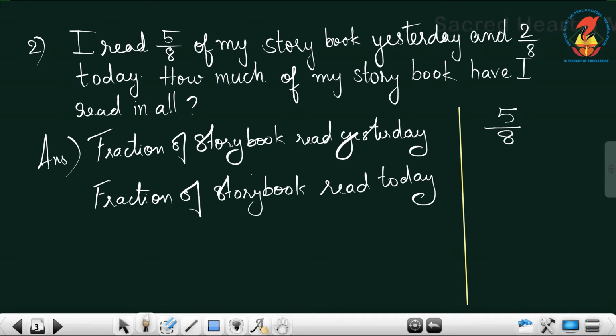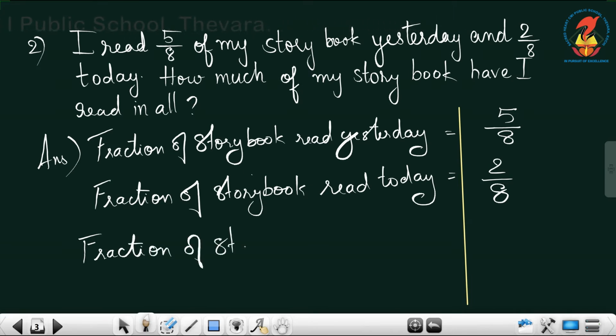It's 2/8. Now the question here is, how much of my storybook have I read in all? So I write fraction of storybook read in all.